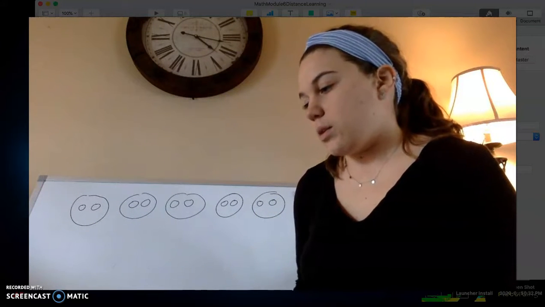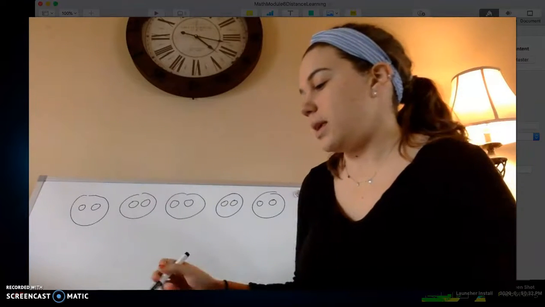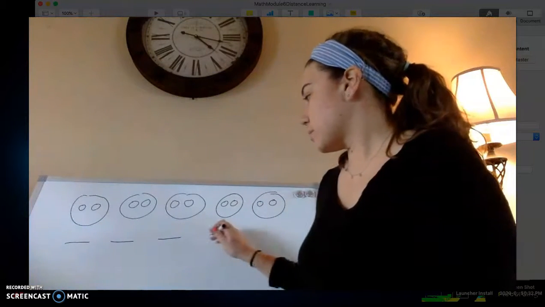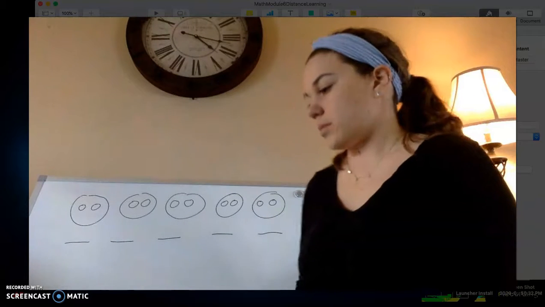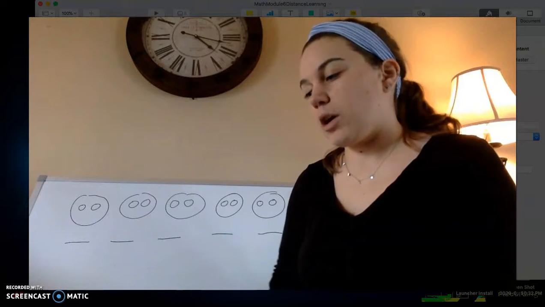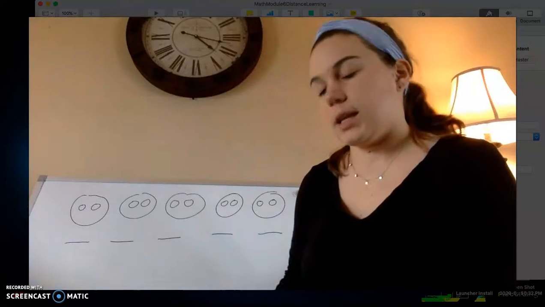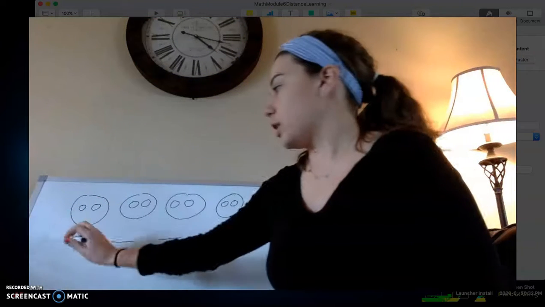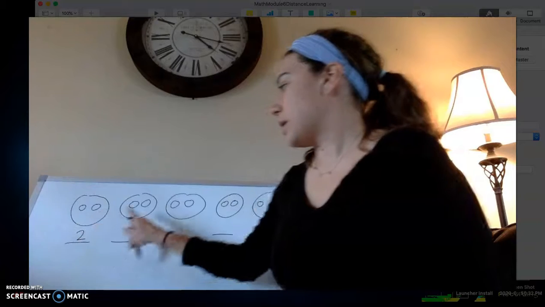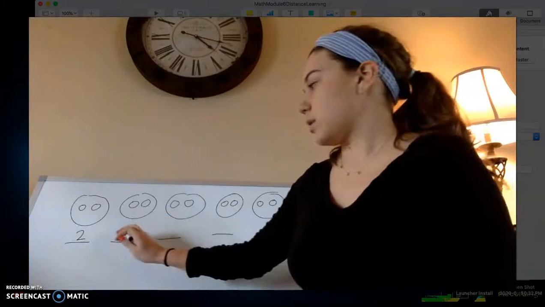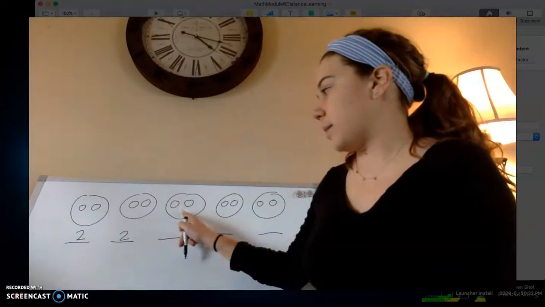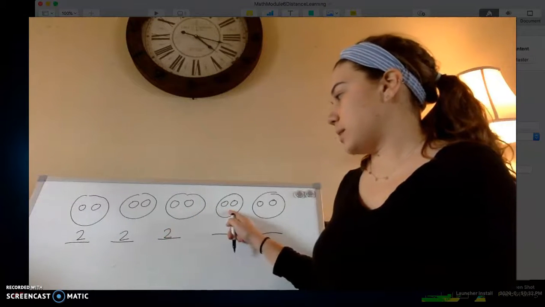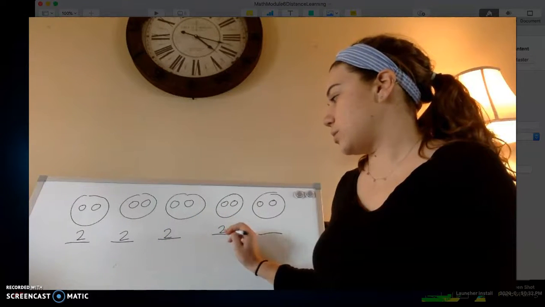Now let's look. We're going to draw a line beneath each group, and we're going to write a repeated addition sentence for this. So how many are in this group? Good, 2. How many are in this group? Good, 2. How many in this group? Good, 2. How many in this one? Good, 2.